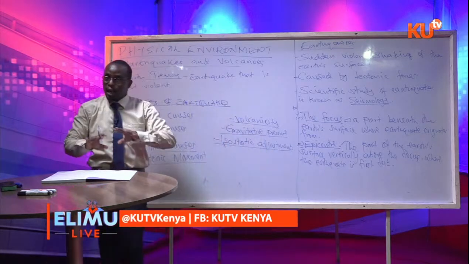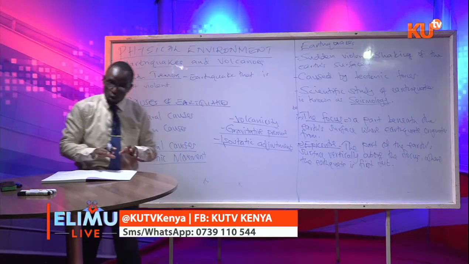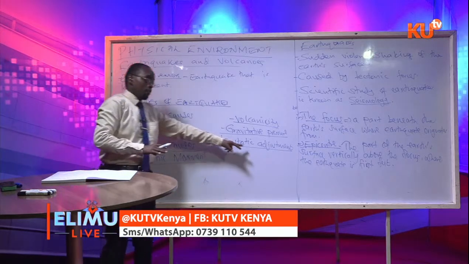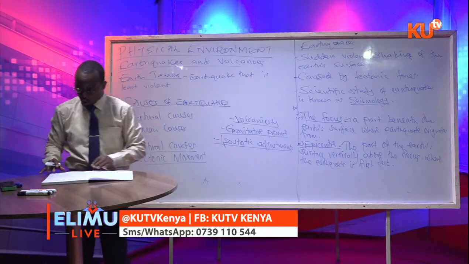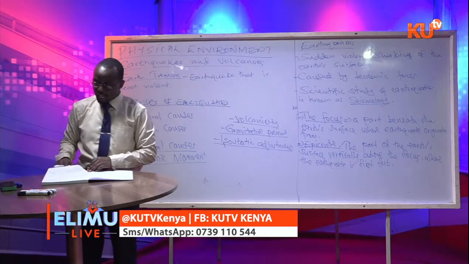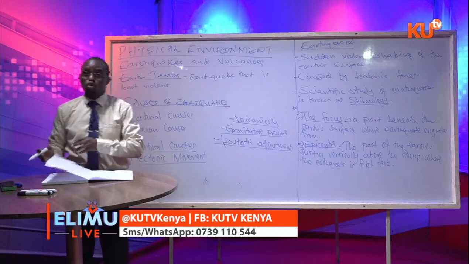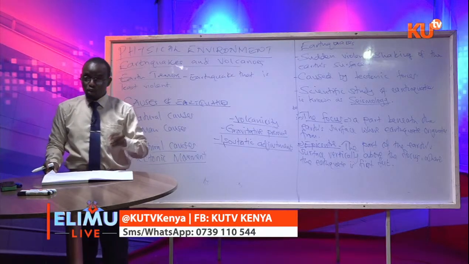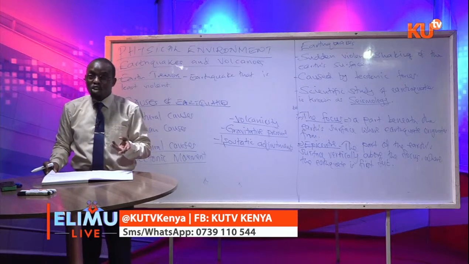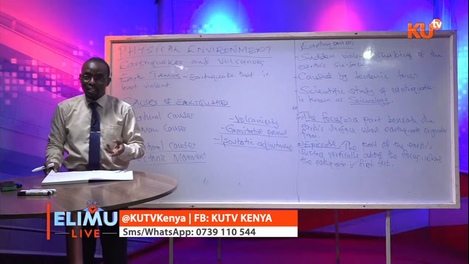And as it tries to balance due to disturbances by the crust or rocks, we have the earthquake taking place due to the shaking of those rocks. And therefore we have the energy released from the mantle as another cause, the last of the natural causes, whereby during radioactivity, which is the breakup of the nucleus of an atom, we have energy in the form of heat that is released.